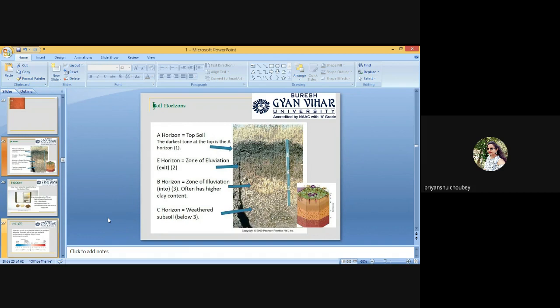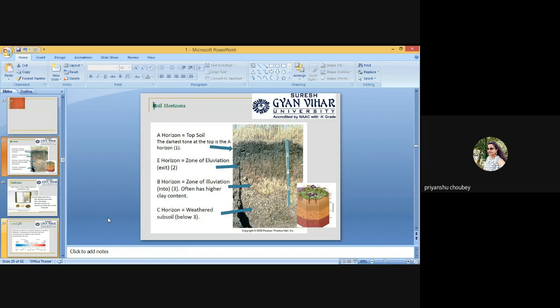Capital letters O, A, B, E, C, and F are used to designate specific soil horizons. Each capital letter comes with a description of the horizon. The O horizon refers to an organic matter containing soil layer mixed with mineral matter.